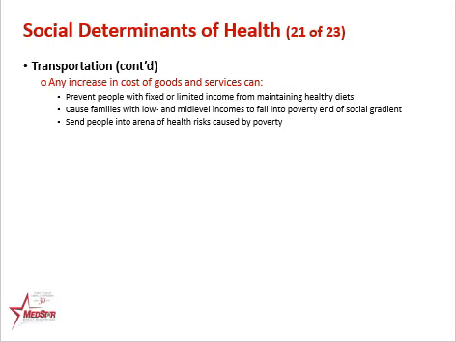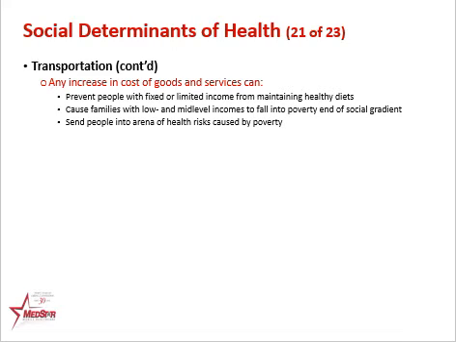Transportation systems also have an effect on the cost of goods and services. For people on a fixed or very limited income, any increase in the cost of goods or services can have a negative effect on their ability to maintain a diet that supports proper health. Increases in food prices have even caused some families with low and mid-level incomes to fall into the poverty end of the social gradient.